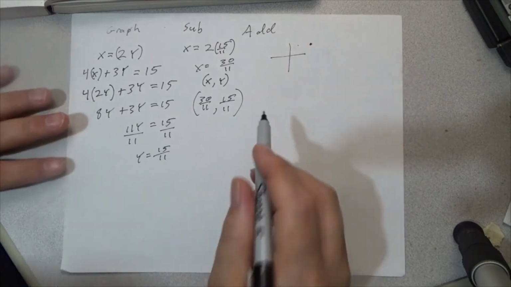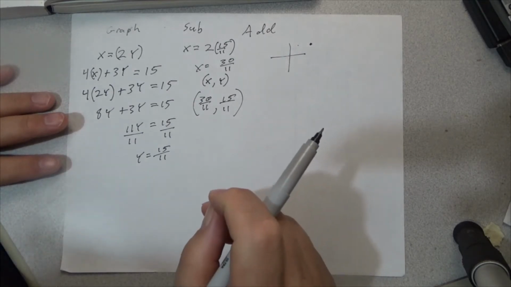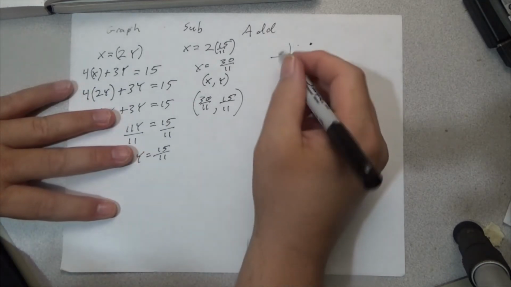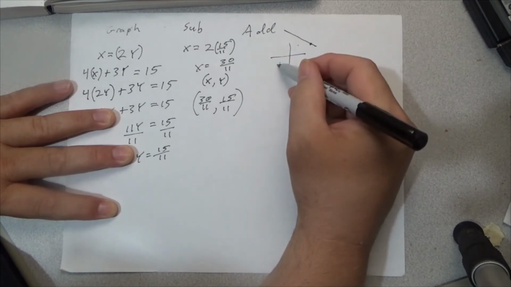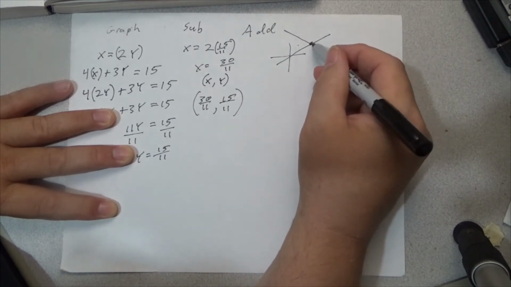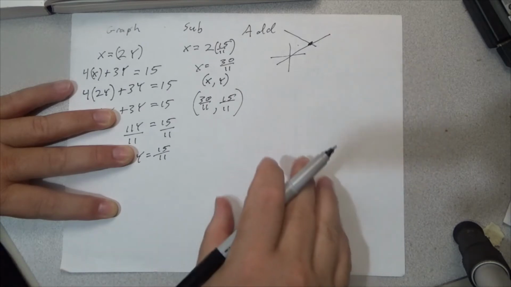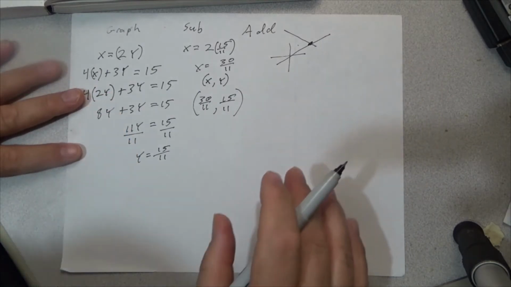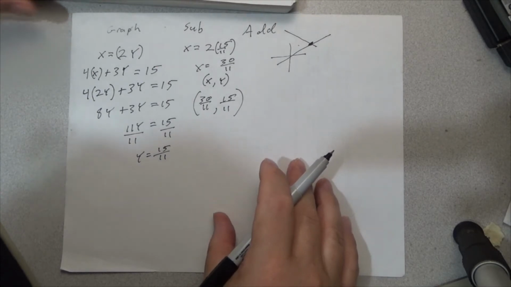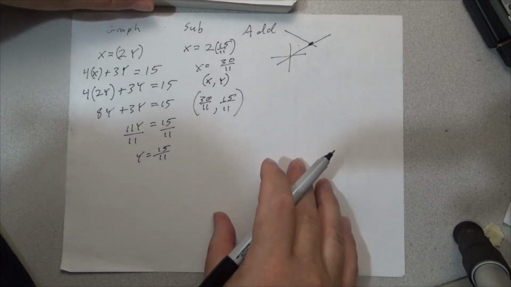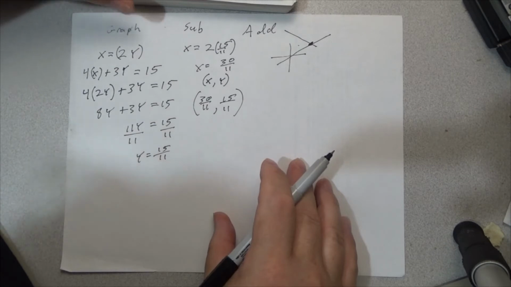What we're solving here is where the two lines intersect. So we've got an xy plane here, the two lines come in and they intersect at the solution to those equations.